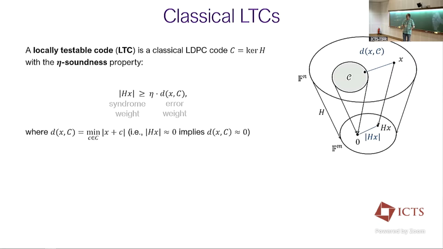So rate is not a problem here. The problem is the distance, and for the distance, as we saw previously, trivial ideas like just taking two codes that have some good properties completely fail.